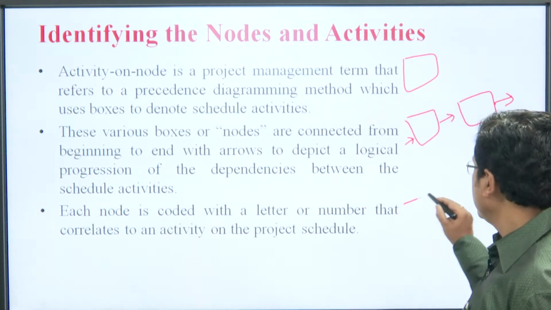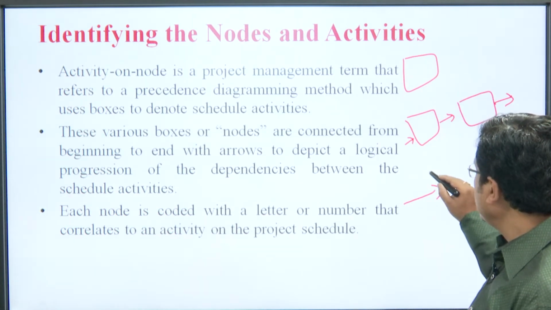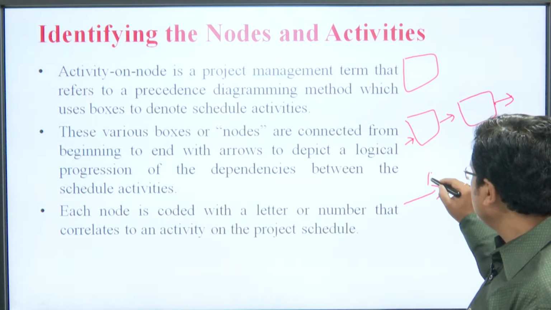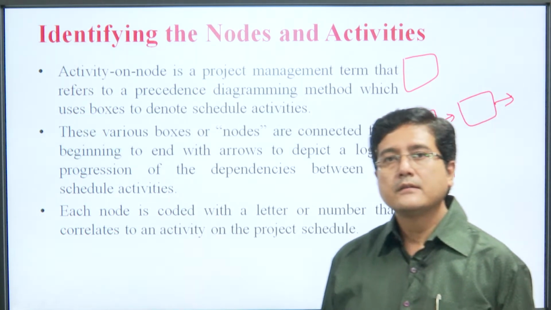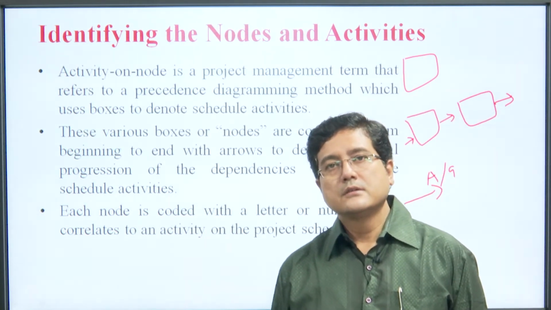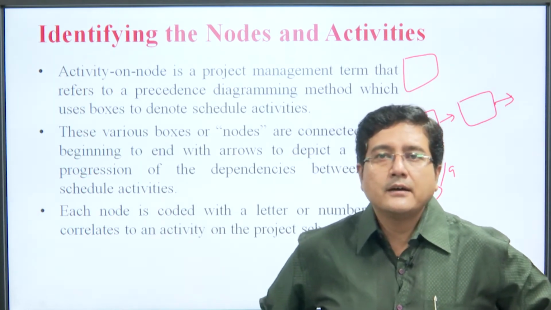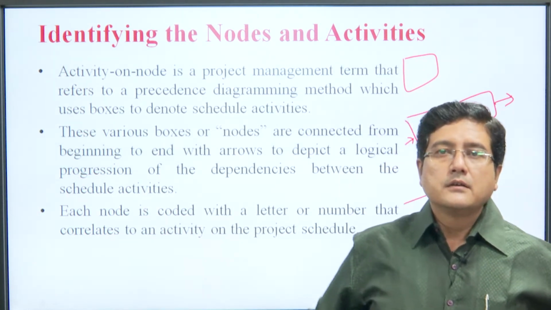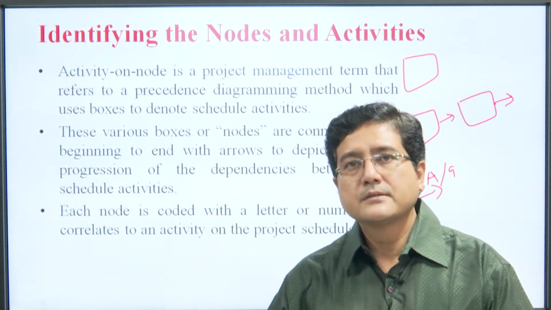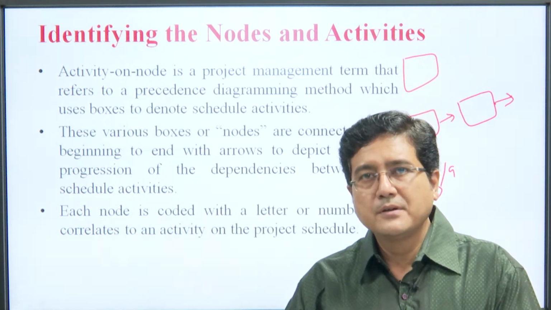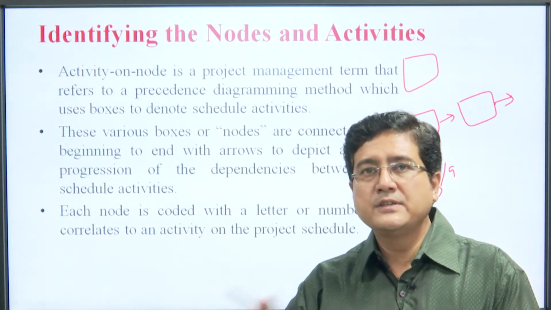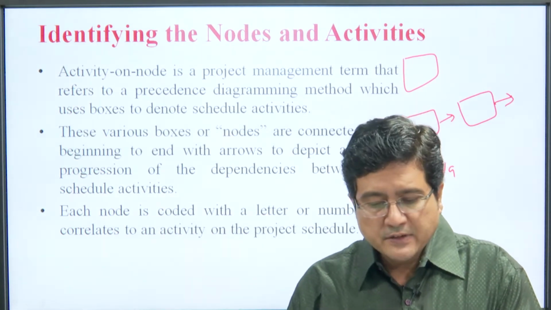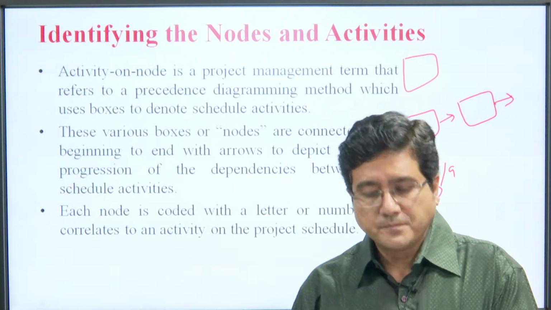Each node has a label like A or 9. These letters and numbers help us understand the activities and how they are correlated with each other.